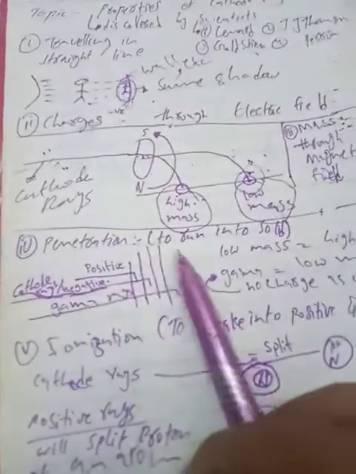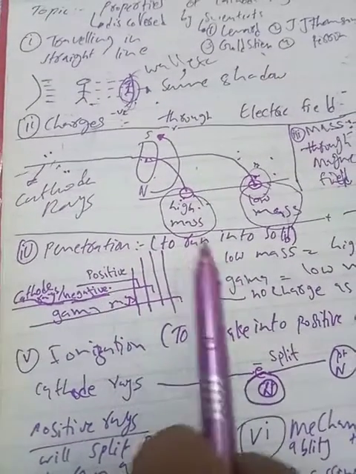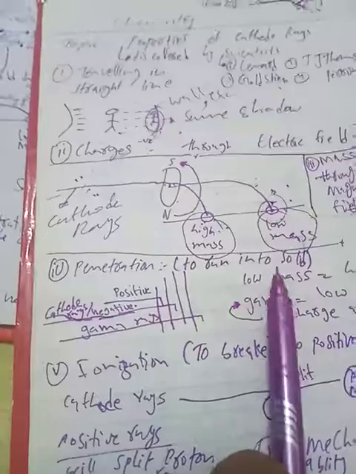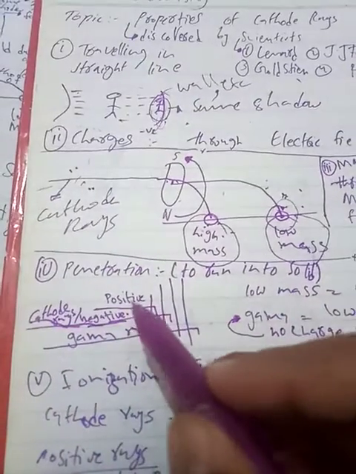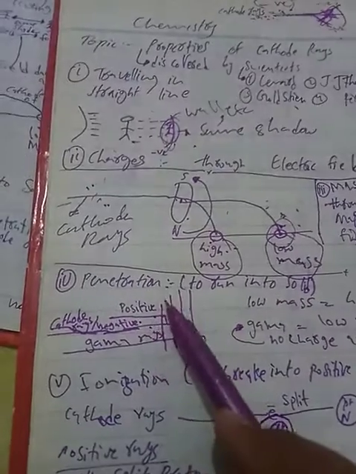Here we have another property, which is called penetration, and it is defined as the ability to run into a solid. For example, positive rays can penetrate a little, you may say, but cathode rays have higher penetration than positive rays.